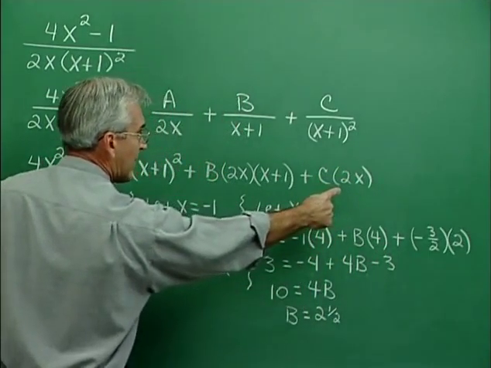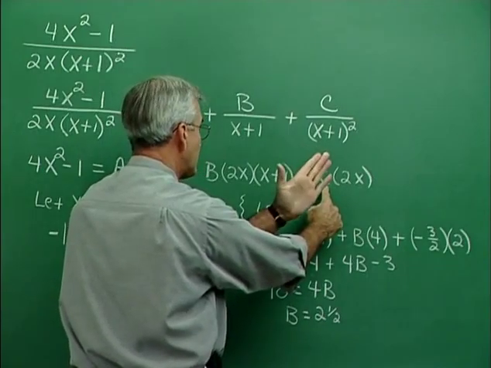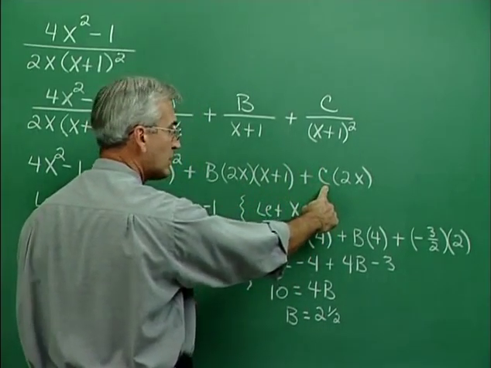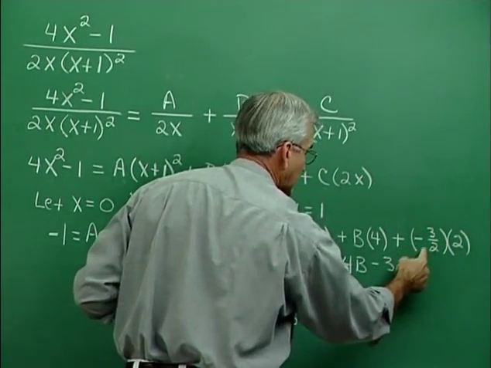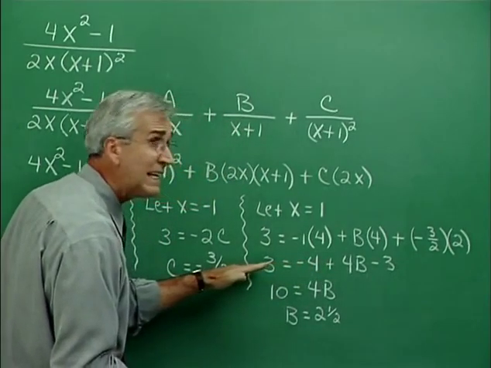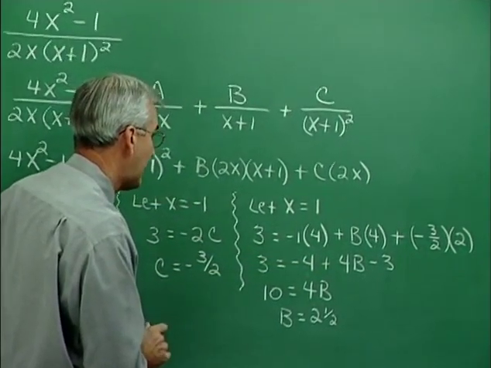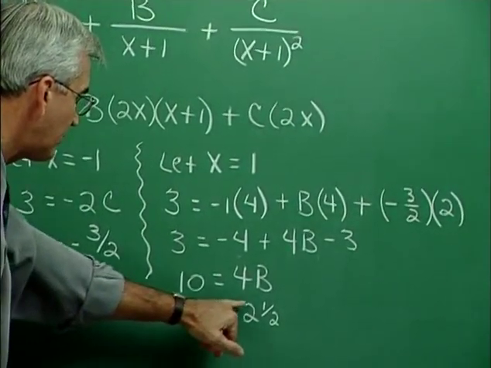And then over here, if x is 1, we have 2 times c, but c has a value, and c's value was found to be -3/2. So we have -3/2 times 2, cancellation, -3. And now we have an equation involving b only as the variable. So solving it, we find b to be 2.5.